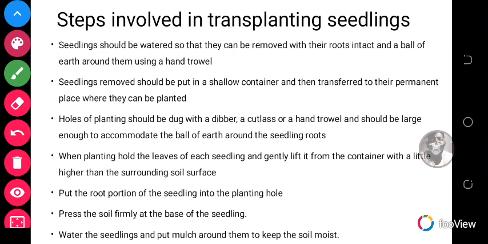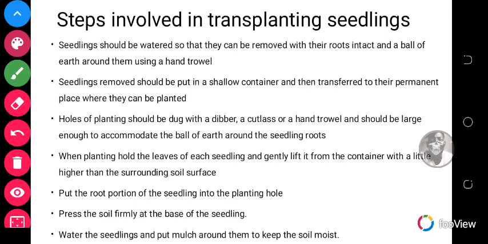When you get to the permanent place, a hole is made using a dibber, a cutlass, or a hand trowel, and it should be large enough to accommodate the ball of earth around the roots. When planting, hold the leaves of each seedling and gently lift it from the container, a little higher than the surrounding soil surface.